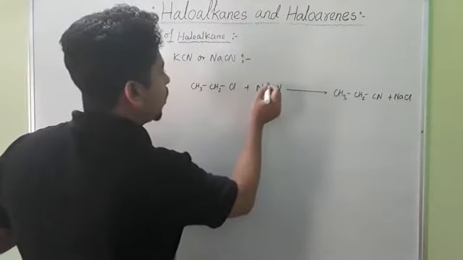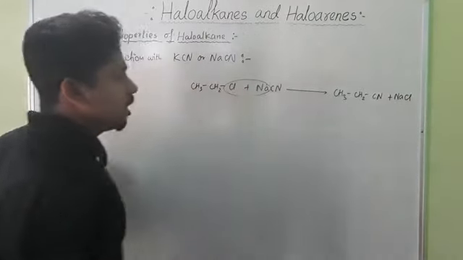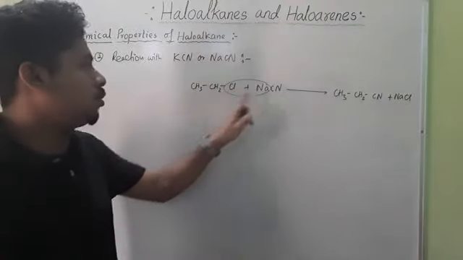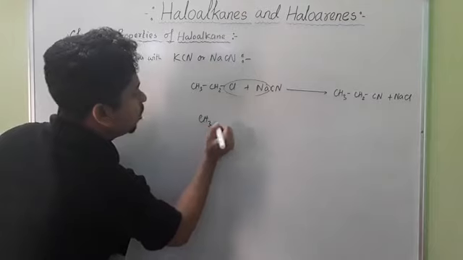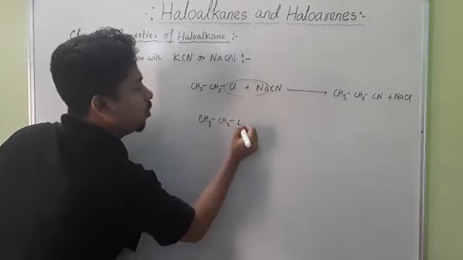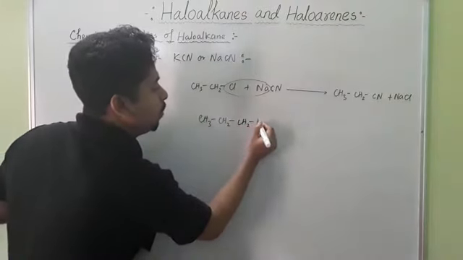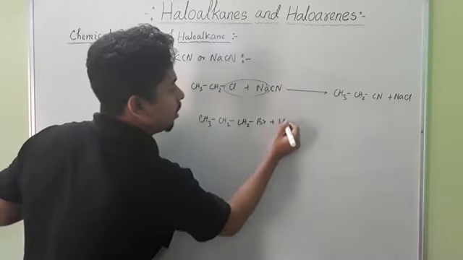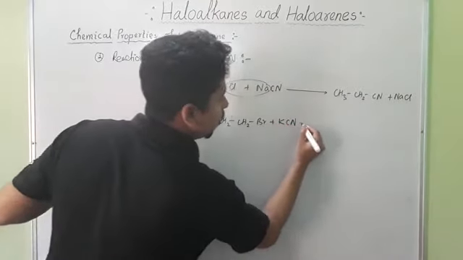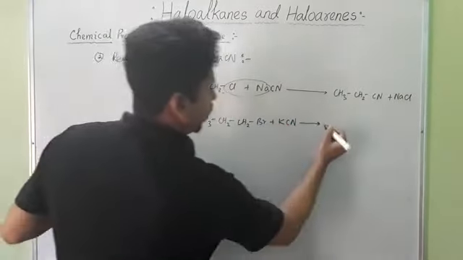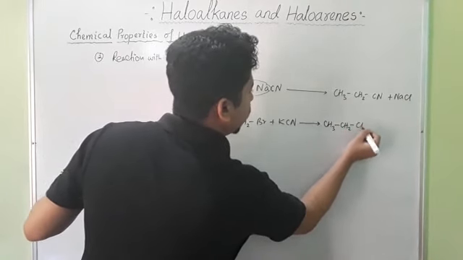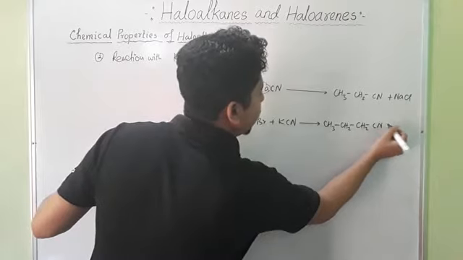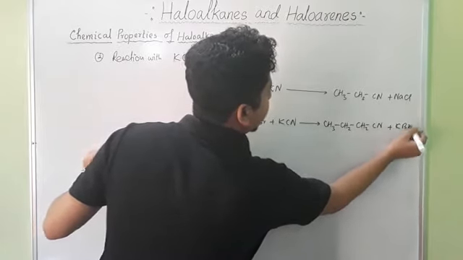This NaCl will be removed, so we are getting CH3CH2CN. And suppose CH3-CH2-CH2-Br plus KCN. Then what will be the product? You will get CH3-CH2-CH2-CN plus KBr.